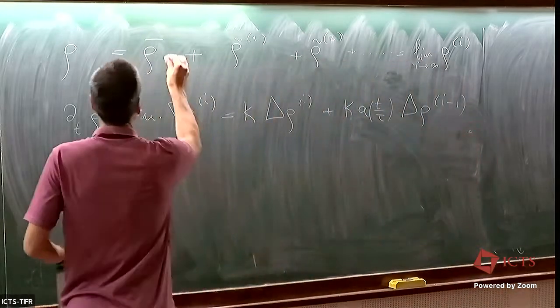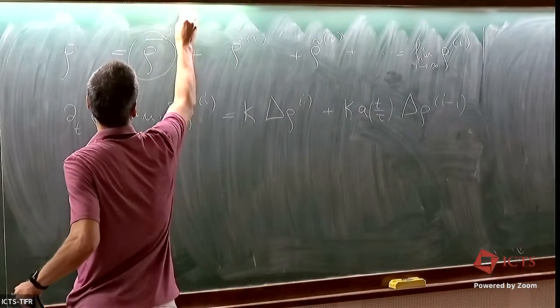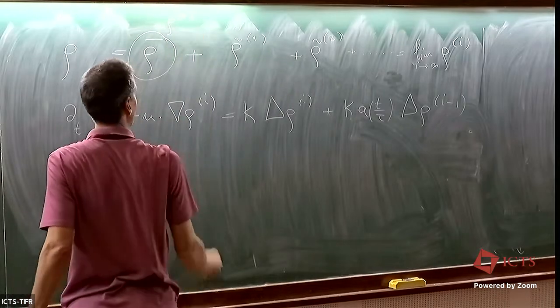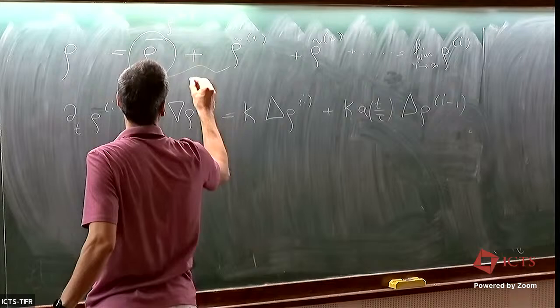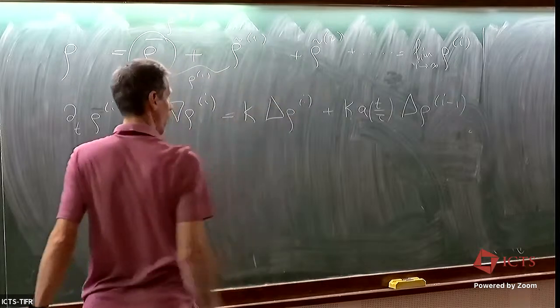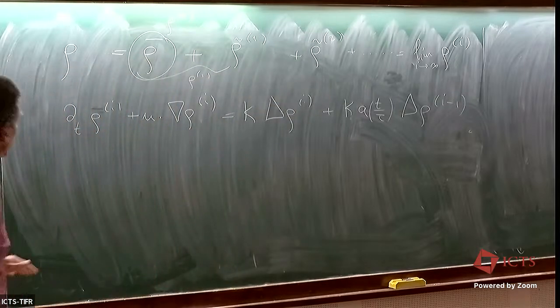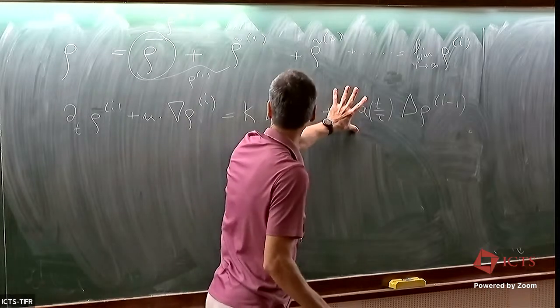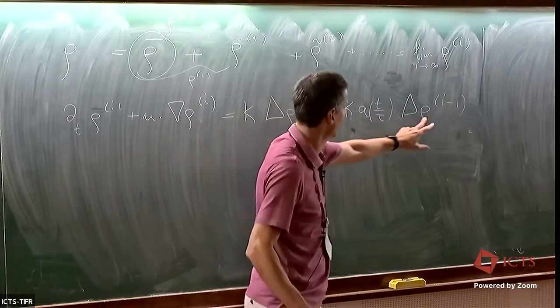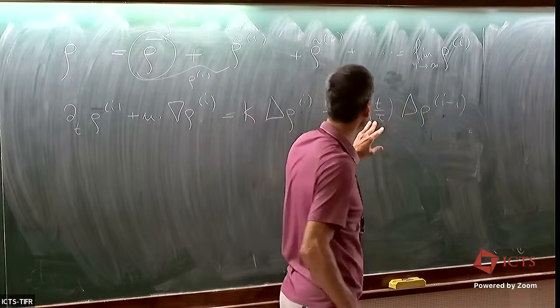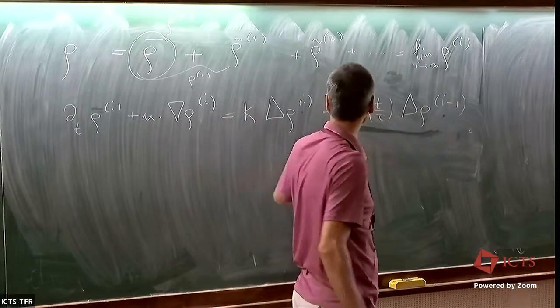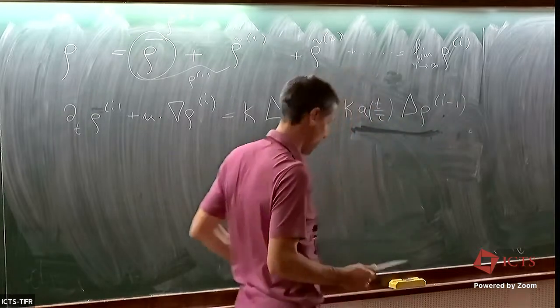Okay, so I start with this one being rho 0. This is rho 1, and so on. And you see rho 0 is just a solution of the homogenized equation, and then it's the usual method of successive approximations. This is my kind of error term. So I just have I minus 1.